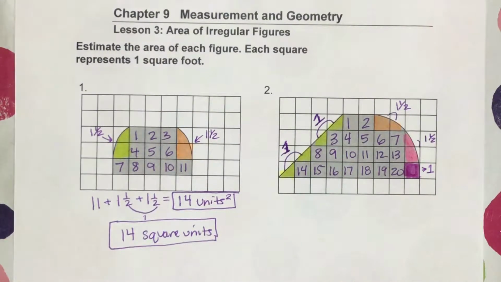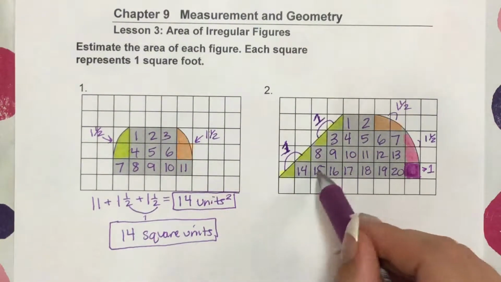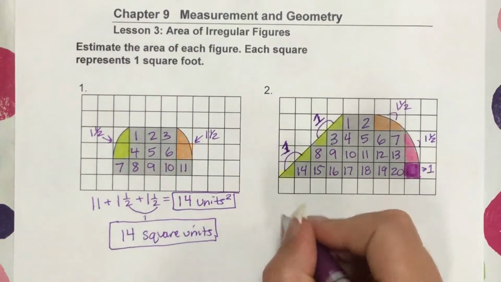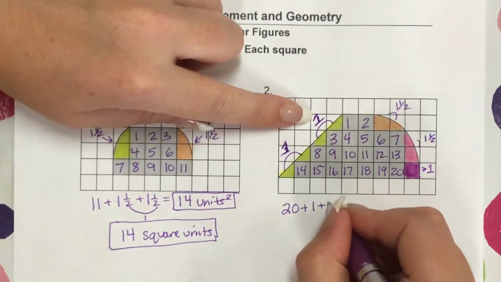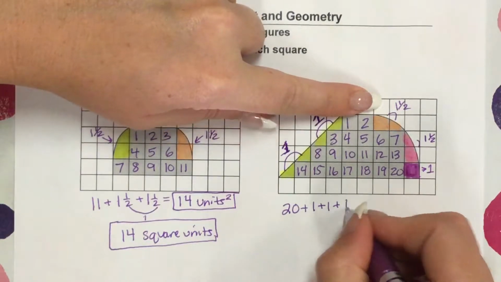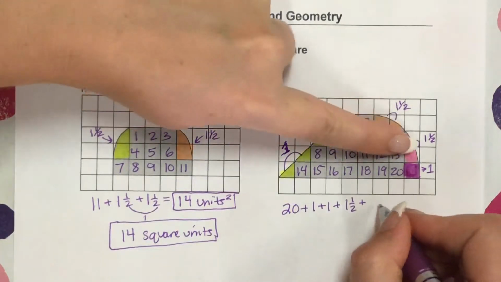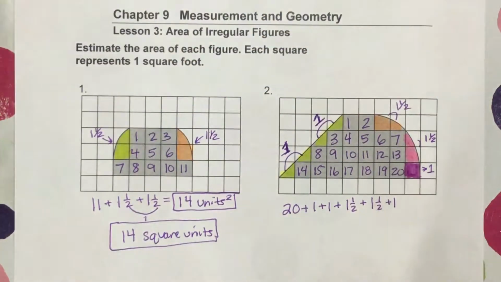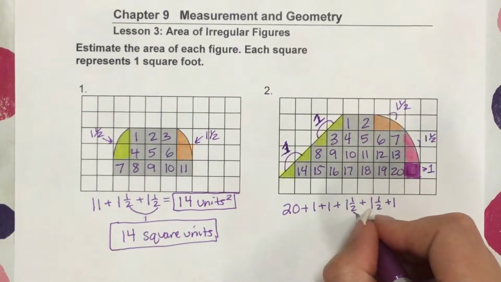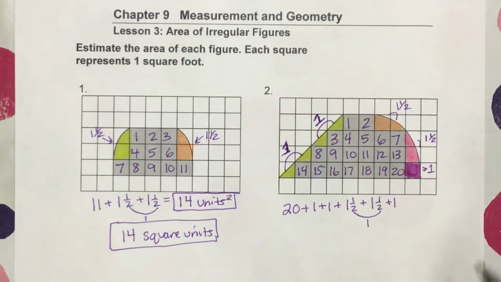Now we're just going to add them all up. So we have 20 whole ones here. So it's going to be 20 plus 1 plus 1 plus 1 1/2 plus 1 1/2 plus 1. Okay? So the half and the half, you know that's going to be 1.